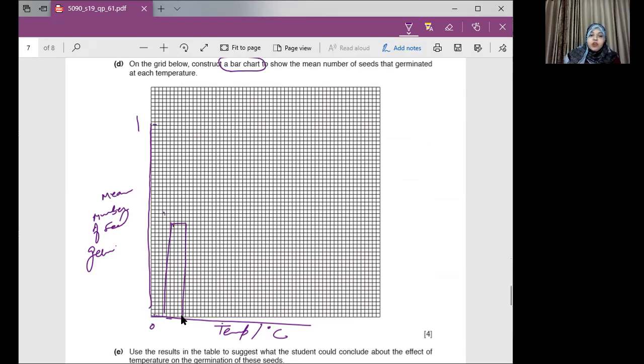Suppose I'm making this 1 bar. With the help of a ruler, you have to draw. Suppose this is 1, 2, 3, 4. 4 small boxes width bar is there. Then you have to plot another bar with 4 small boxes width. I leave 4 small boxes, then again 1, 2, 3, 4.